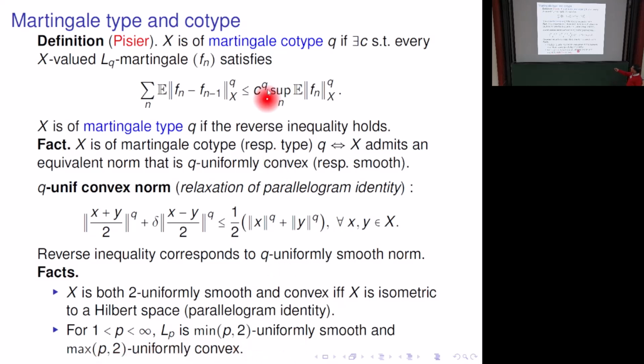In this case, for the cotype, Q must be between 2 and infinity. For the type, the index Q is less than or equal to 2. There are many other examples. From these examples, you can see the family of Banach spaces which are 2-uniformly convex is much larger than the Hilbert spaces.